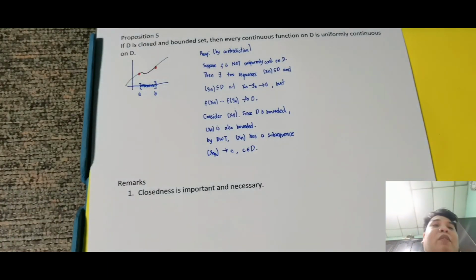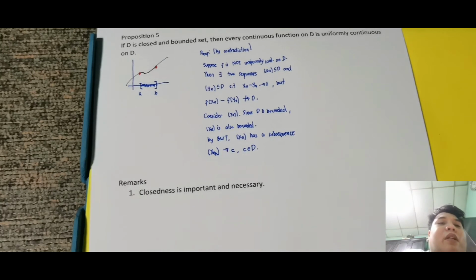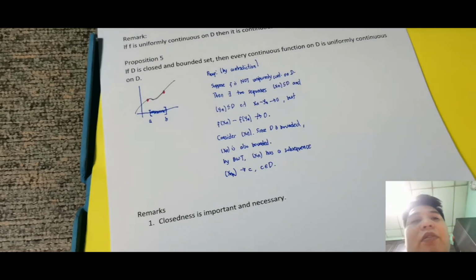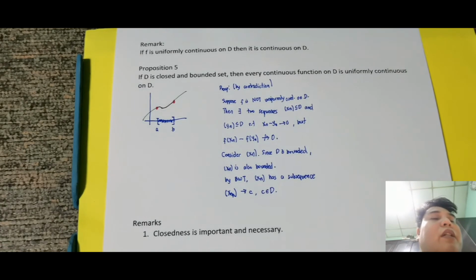So ayun, pag yung x sub n natin ay bounded, therefore by BWT, meron siyang subsequence x sub n sub k which approaches C, for C element of D. Ngayon, consider natin si y sub n. Same index lang naman sila, pares lang naman sila ni x sub n.